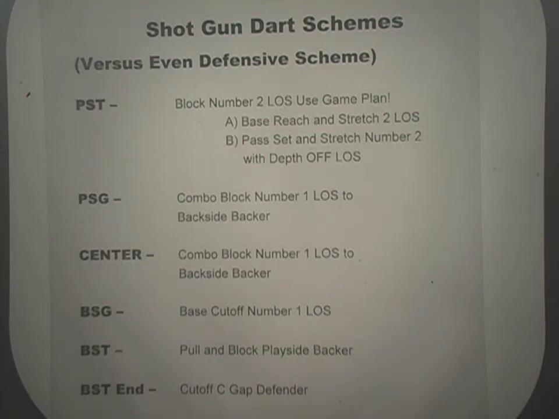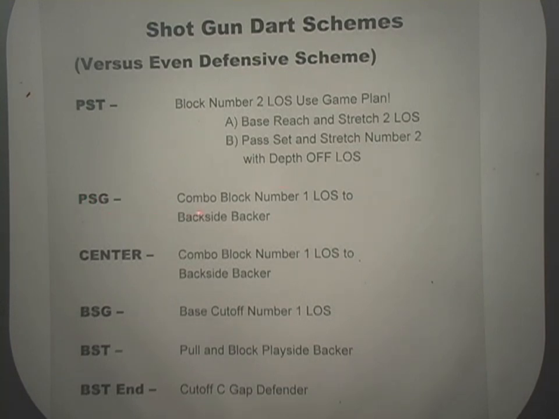If we find a guy that is a really fast guy that is up the field, a charger up the field on pass sets, even though we're in a 4-wide offense or a 3-wide offense, we'll pass set and stretch number 2 by depth off the line of scrimmage. So when you watch the video, you'll see us stretch number 2 LOS to the play side, the defensive lineman or defensive end, in that manner.